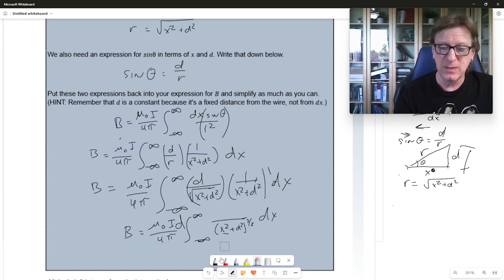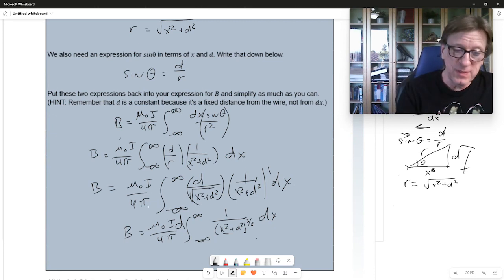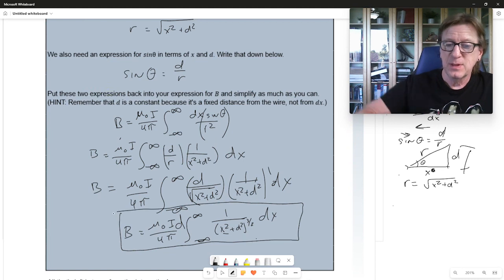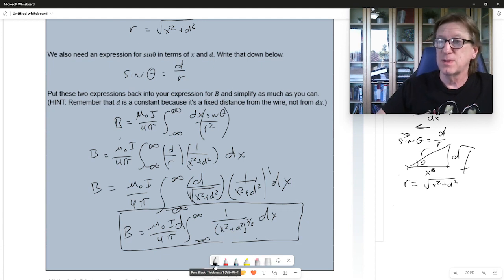So I can, though, make this a 1 and put my d out here. All right, so this then is the expression that we're going to have to integrate in order to get our final expression for the magnitude of the magnetic field due to that current carrying wire.